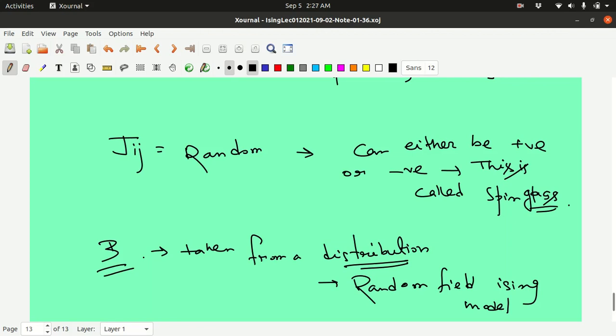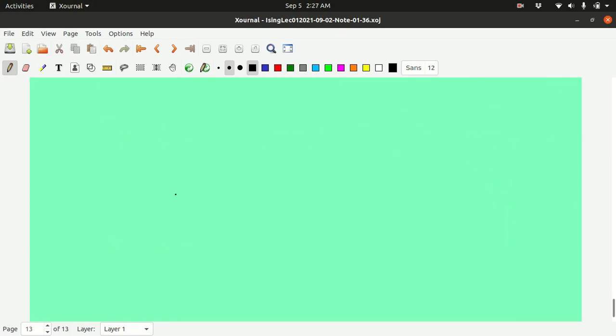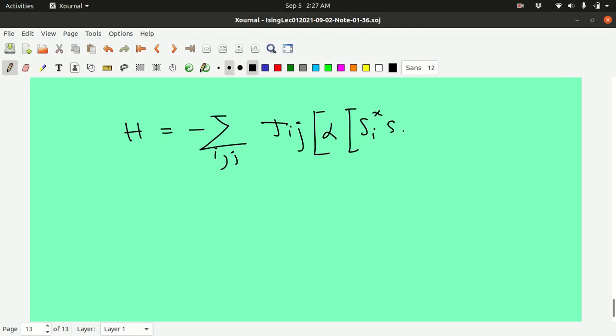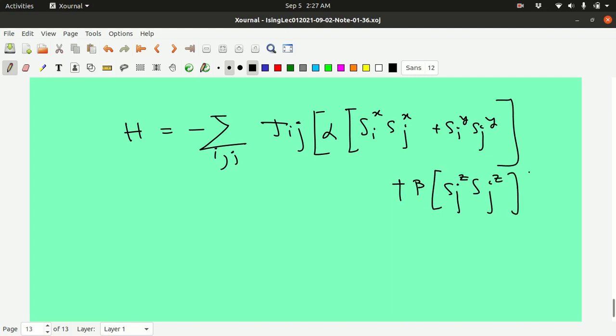There are several other possibilities as well, so let me describe them one by one. In general you can write the Hamiltonian in the following general form: minus the sum over i, j of J_ij times alpha S_i^x S_j^x plus S_i^y S_j^y, and then another term with beta, S_i^z S_j^z.